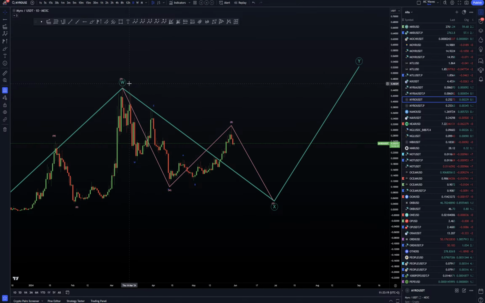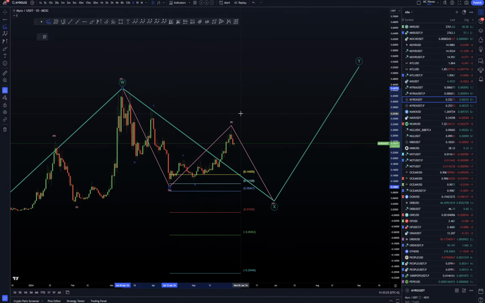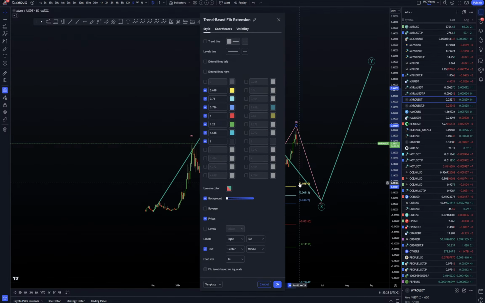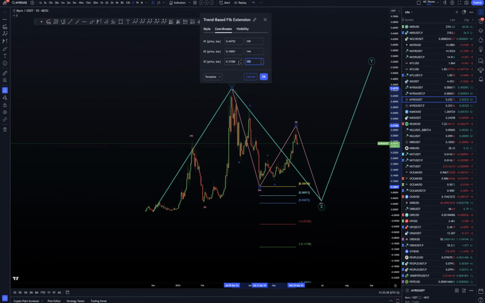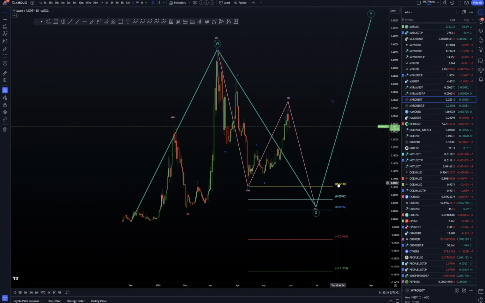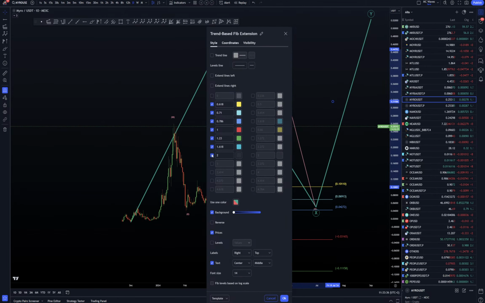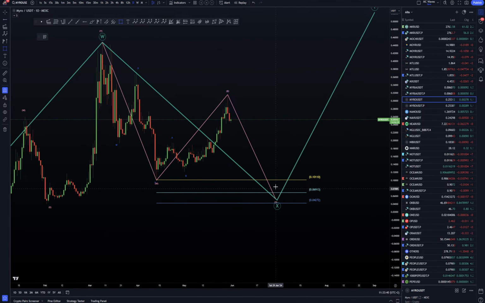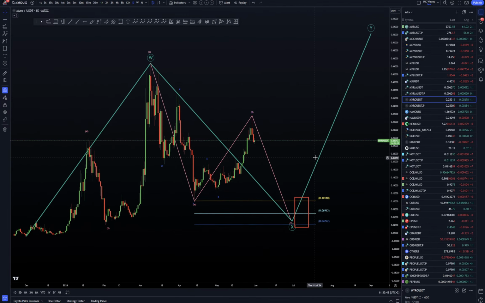Nice. So here W root to find the target is W bottom, X wave top, and it's not really accurate to be honest, but well, the big zone. Yeah, there you go. That is a buy zone if we have to make one more new low.